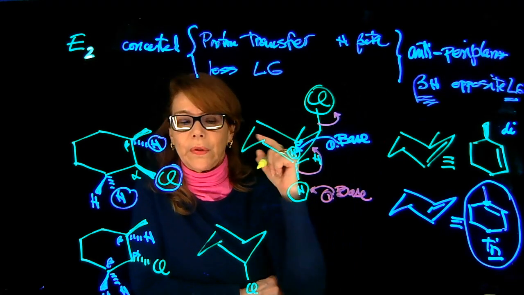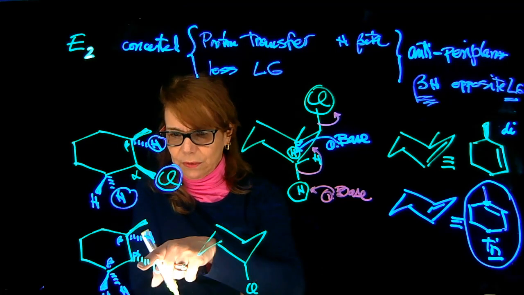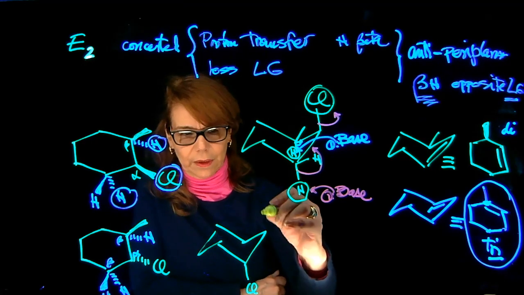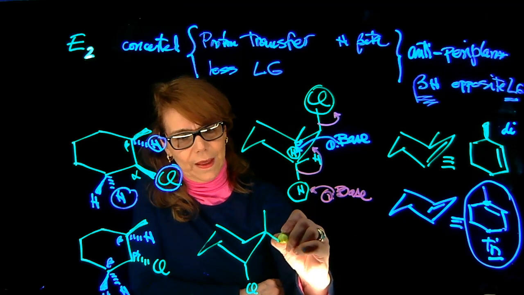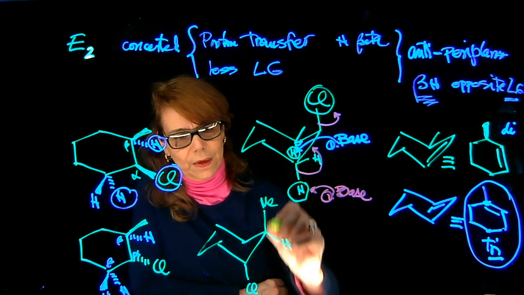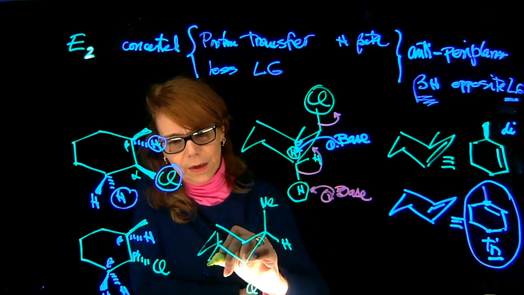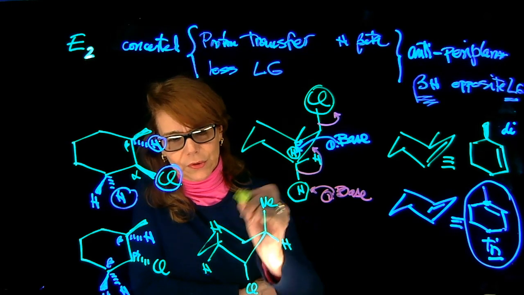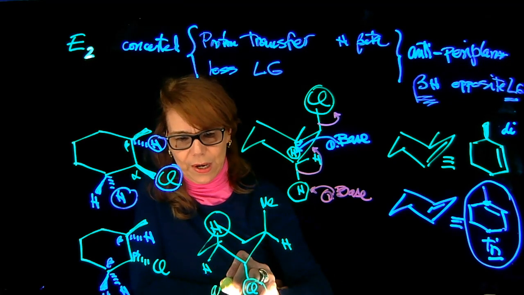You want to put it so that you can have the anti-periplanar conformation. So if the chlorine is here, now the methyl is up here. If this is the methyl, these two are pointing to the same side. However, here you have hydrogen and hydrogen, and this one is opposite, so these two are anti.